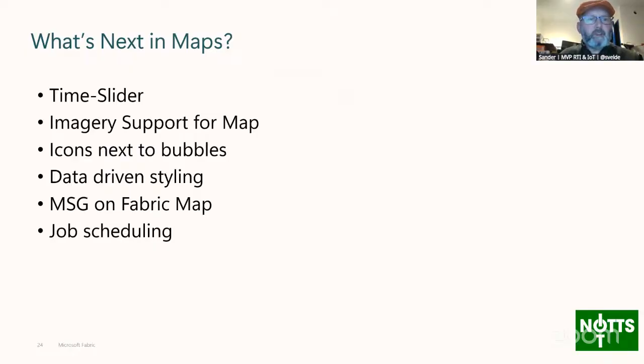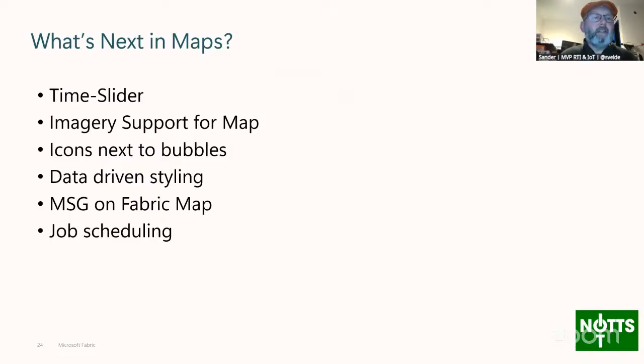First of all, there are new things coming for maps. I spoke with the product team and they showed it in another solution. There's a time slider coming, so you can go through position data related to time. Images, you can add images to the map. You can use other icons than bubbles, so a ship can actually have an icon of a ship.